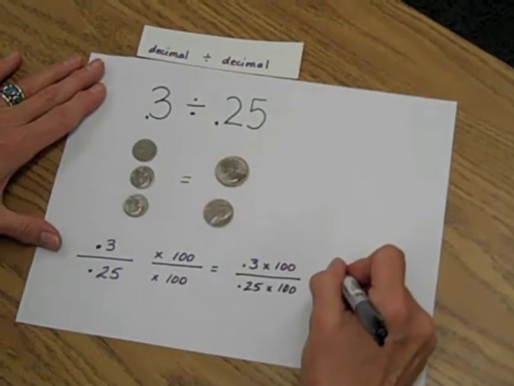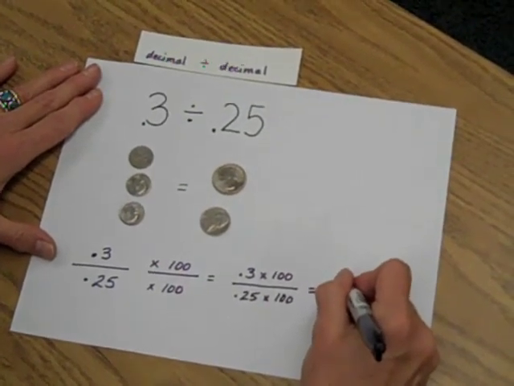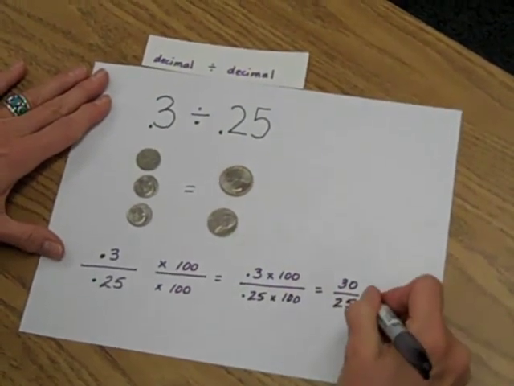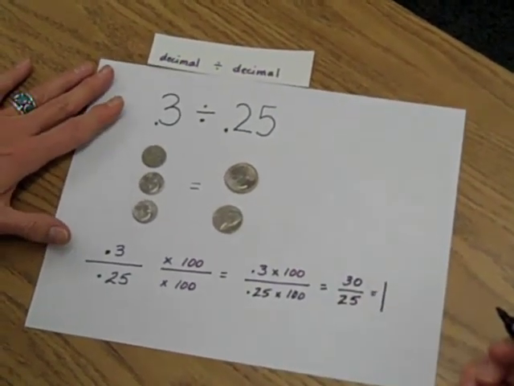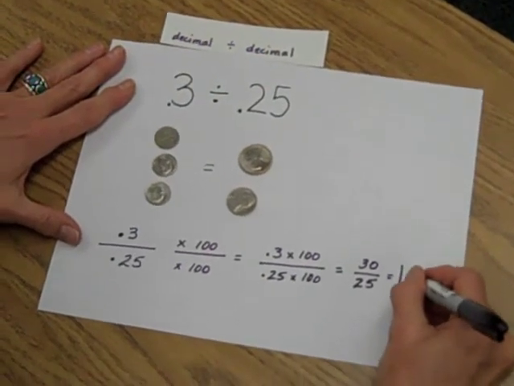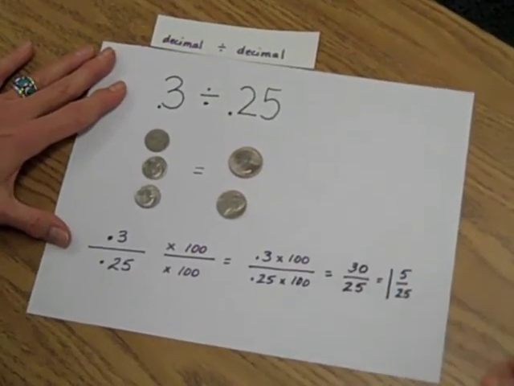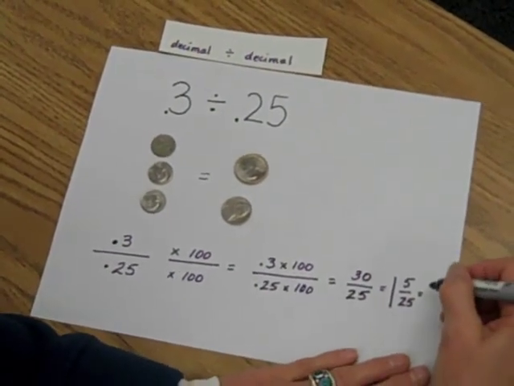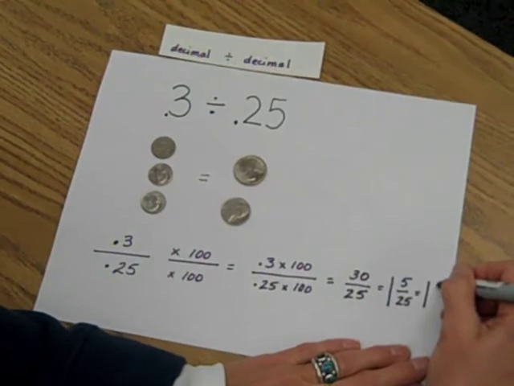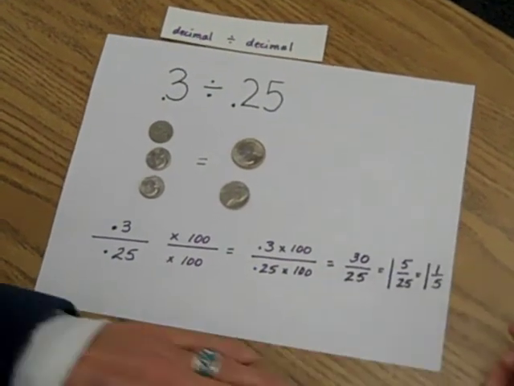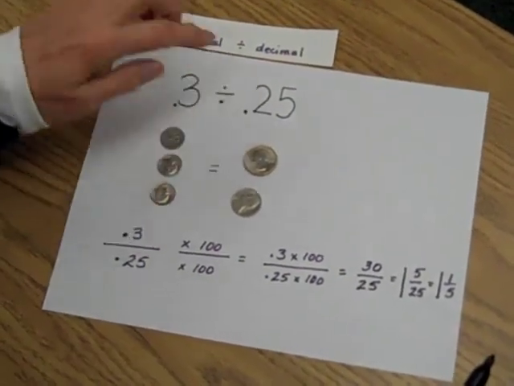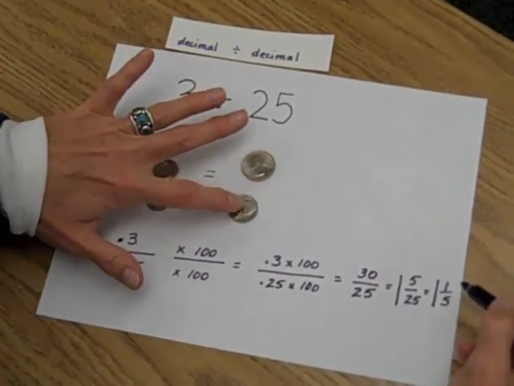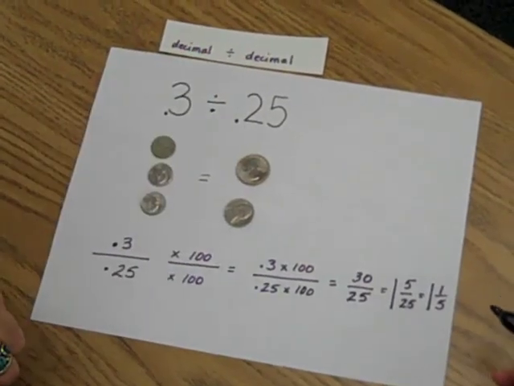So we have 30 divided by 25, which equals 1 whole 25, and 5 out of 25 left over. We can rename that to 1 and 1/5. How many quarters are in 30 cents? 1 and 1/5, or 1 out of 5 nickels it takes to make a quarter.